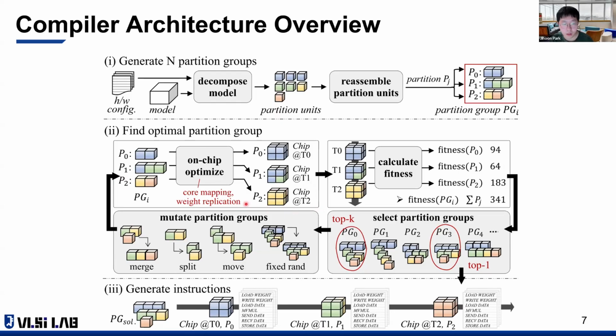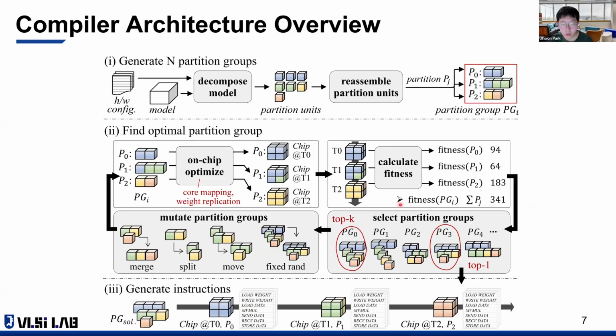So the existing compilers can be used to optimize each partition on the chip, and we can also calculate the fitness, which is the estimated latency or energy efficiency of each partition. Then we gather up the fitness and calculate the latency or performance for the whole partition group, which models the model latency or model energy efficiency.